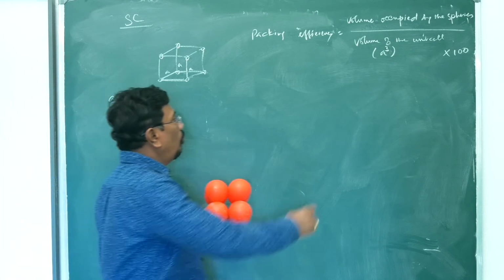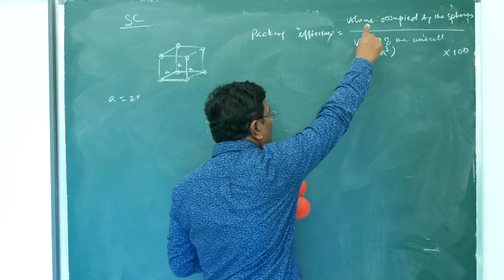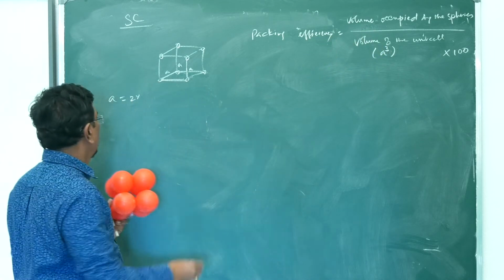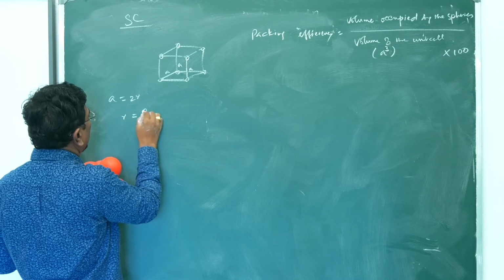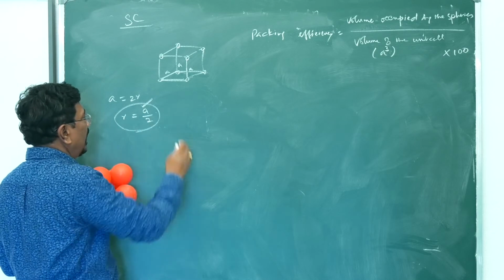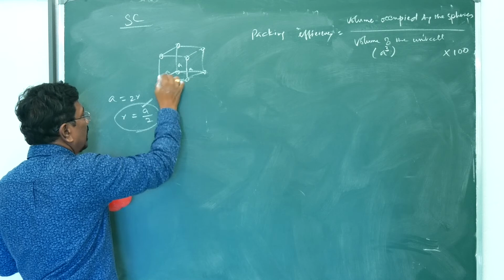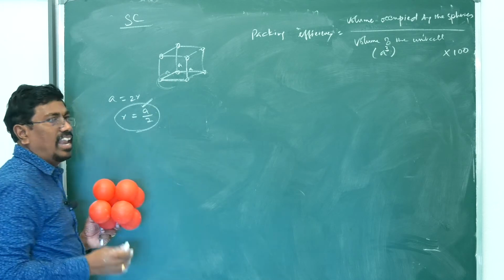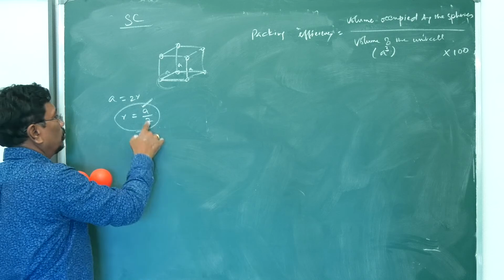Since we know the volume of the unit cell is a cube, we need the volume occupied by the spheres in terms of a. Therefore, r is equal to a by 2. So, I have given r, the radius of the atom, in terms of edge length a, that is a by 2.